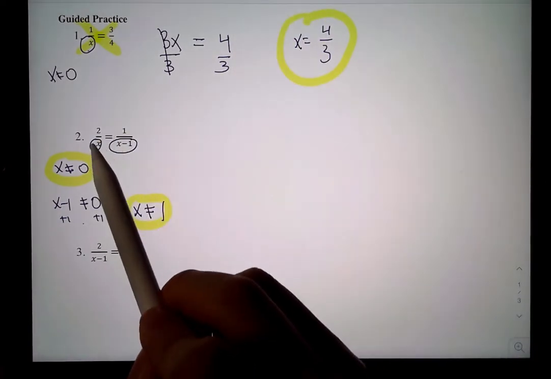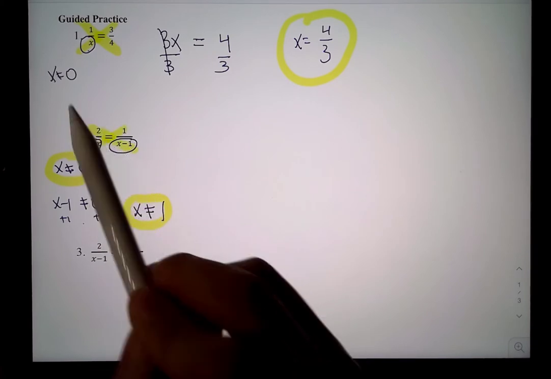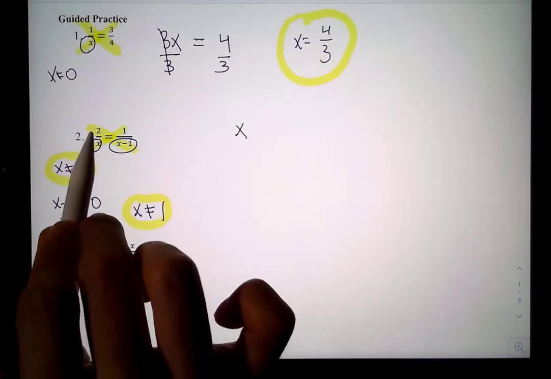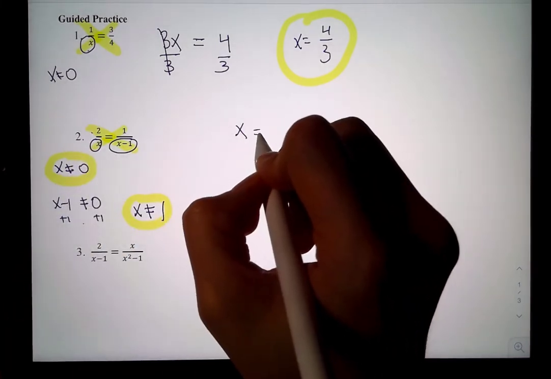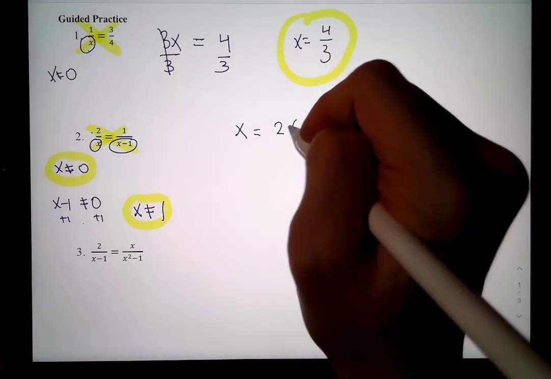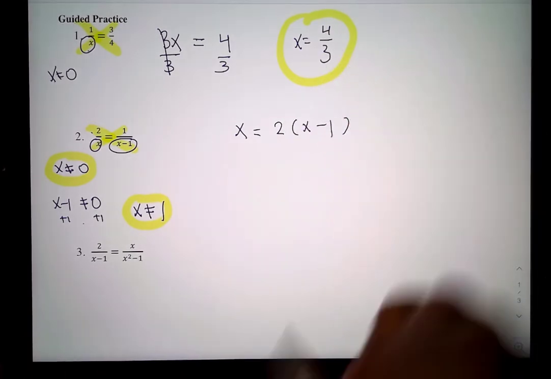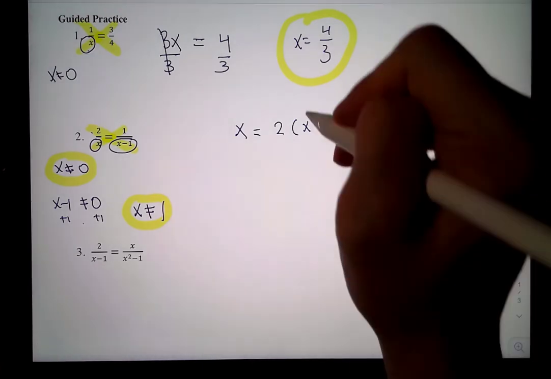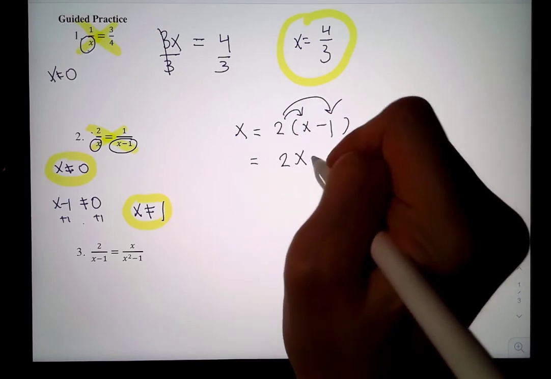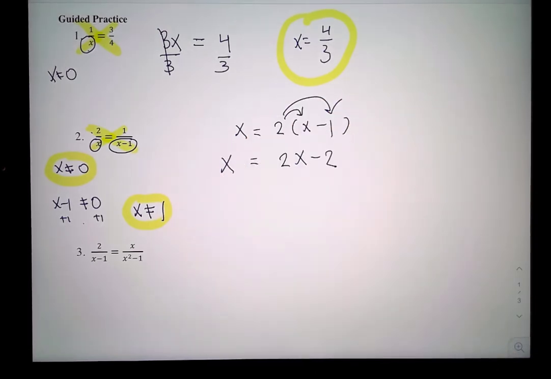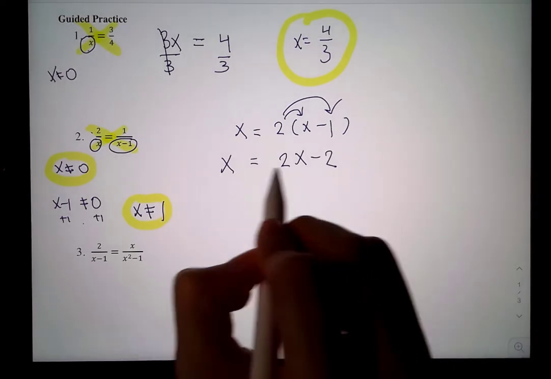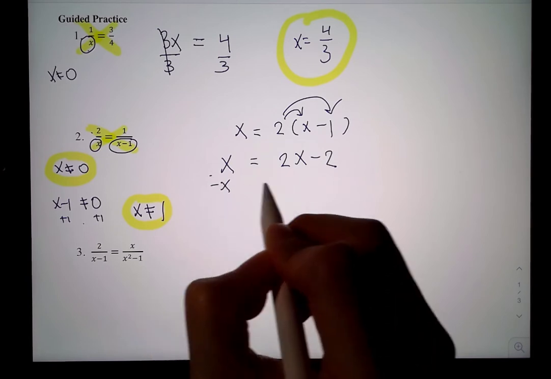And now I'm gonna do cross product like this. So this x and 1. So x times 2 and x minus 1. Guys, when you multiply it, you need parentheses. Don't make it 2x minus 1. 2 parentheses x minus 1. Alright? So distribute. Then you get 2x minus 2 and x here. We need to combine x together, so I will subtract it.